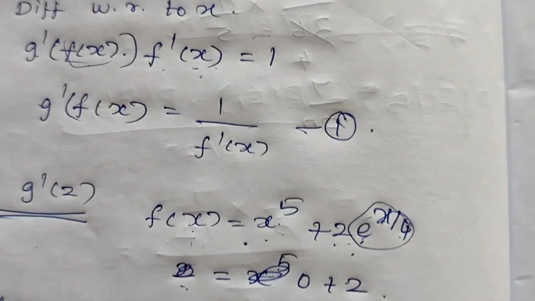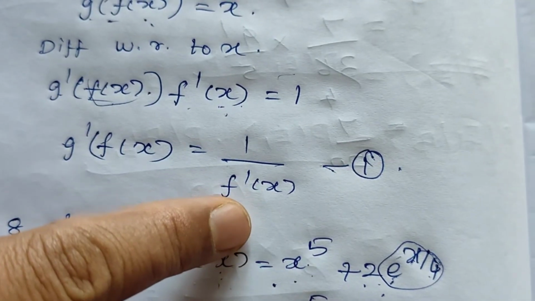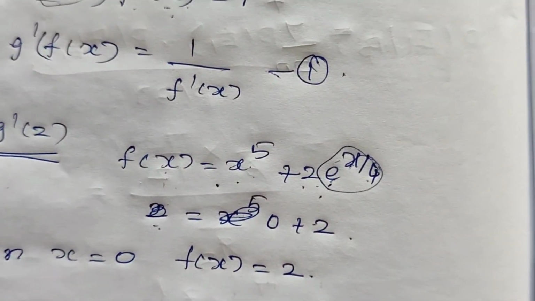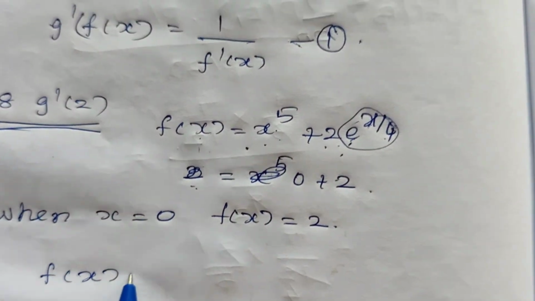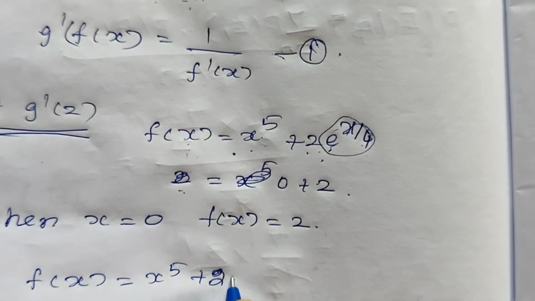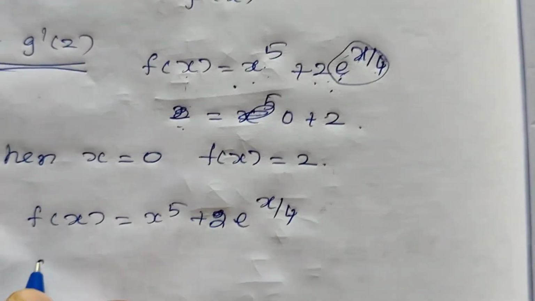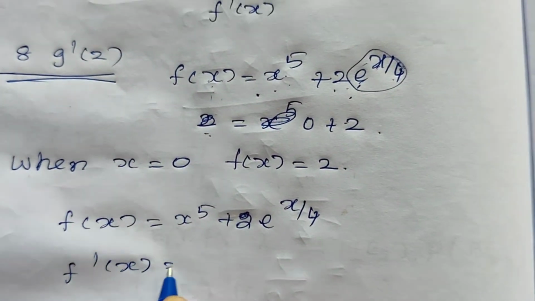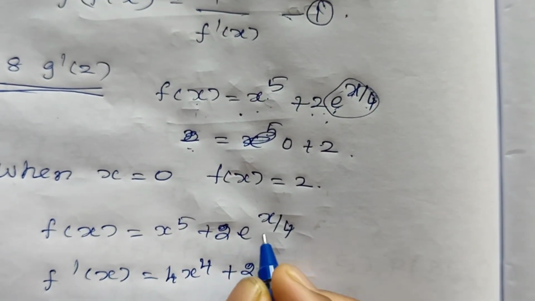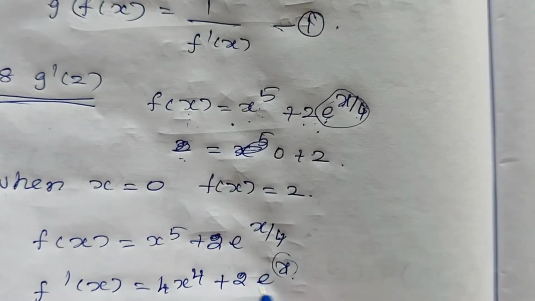Next, we found that g'(f(x)) = 1 by f'(x). So now we are going to find f'(x). For f(x) = x^5 + 2e^(x/4), f'(x) = 5x^4 + 2e^x times the derivative of x/4, that is 1/4.